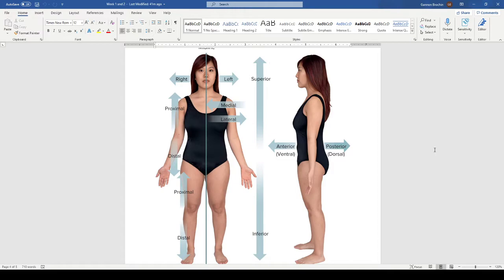We'll cover these more later on, but for example, the coronal plane would be a line straight down the woman here, okay? And the coronal plane is going to separate the body into an anterior and a posterior component, all right? Transverse plane, it'll come across at the center of mass, and the transverse plane is going to separate the body into a superior and inferior component, okay?